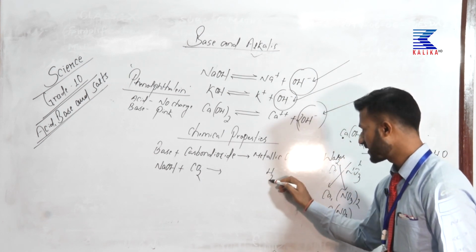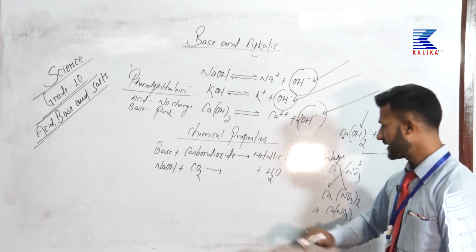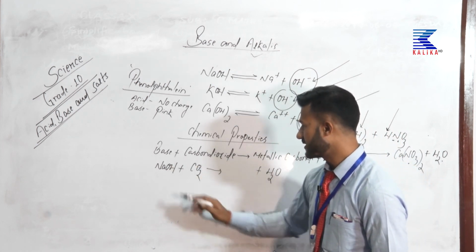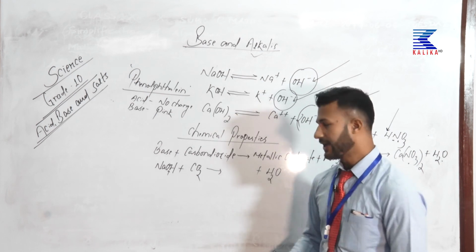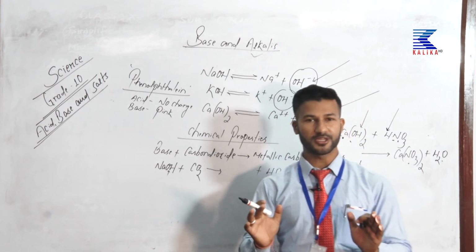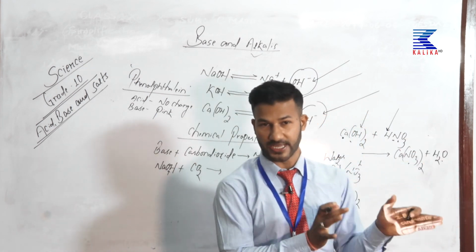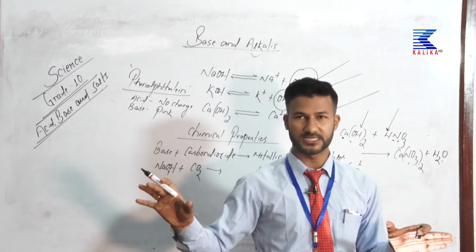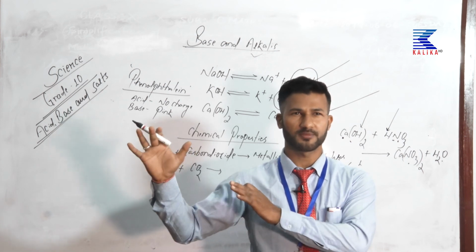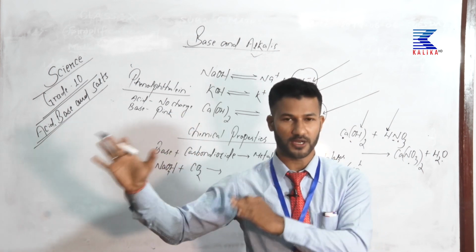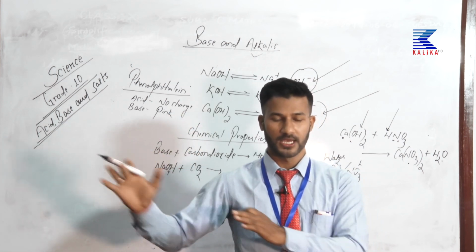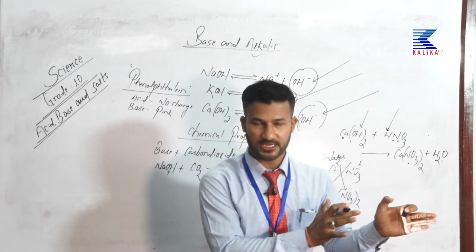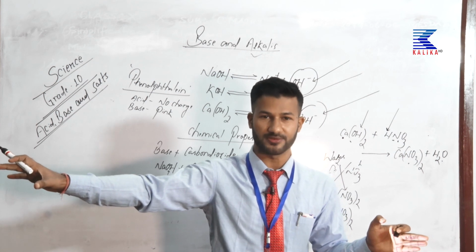Let us write water first. What is left behind? Find it out. Water is formed from oxygen from here and hydrogen from here. And I always said, whenever you find carbon dioxide on the reactant side, a carbonate product is always formed, meaning metallic carbonate or some carbonate related compound on the right side. And whenever you react metallic carbonate with acid, carbon dioxide gas is released on the product side.